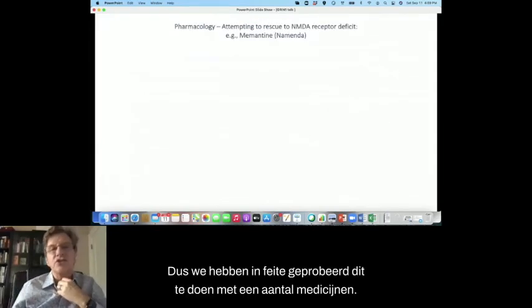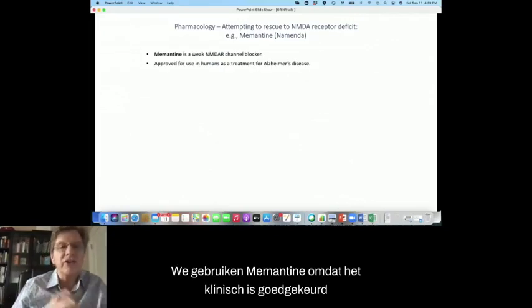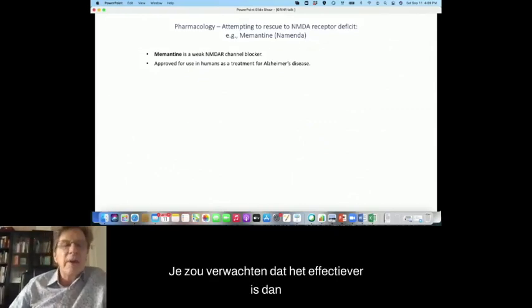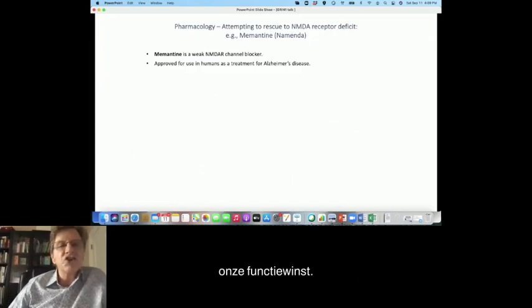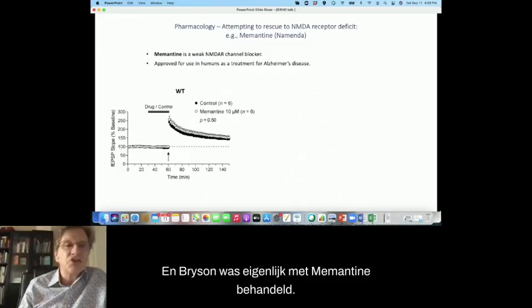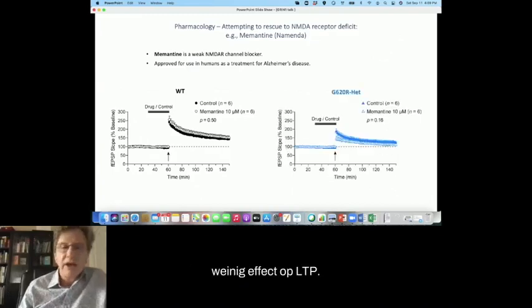So we've in fact tried to do this using a number of drugs. The one I'm going to show you is memantine. We use memantine because it's a clinically approved NMDA receptor channel blocker. You would expect it to be more effective in a gain of function, but when we did these experiments, it wasn't certain that it was a gain of function, because of course the lack of magnesium sensitivity could actually point to a gain of function. Under normal conditions, memantine at a therapeutic concentration has very little effect on LTP.